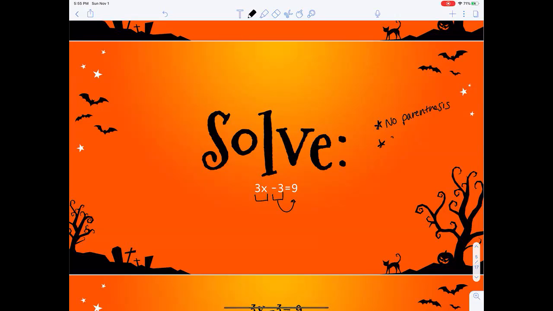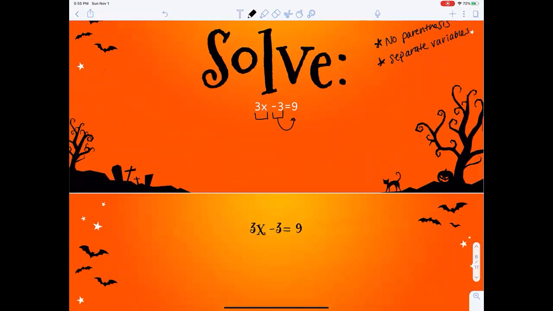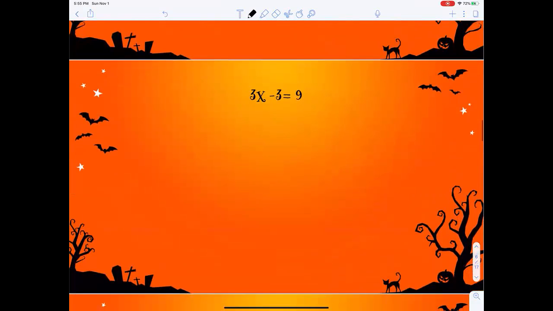So separate variables. So I'm going to go on to the next page where we're going to have a little bit more room. So again, I said we don't have parentheses, so we don't have to distribute, but we don't have all the variables on one side and all the numbers on the other. So what I'm going to do is first go ahead and move the numbers to the right and keep the variables to the left.